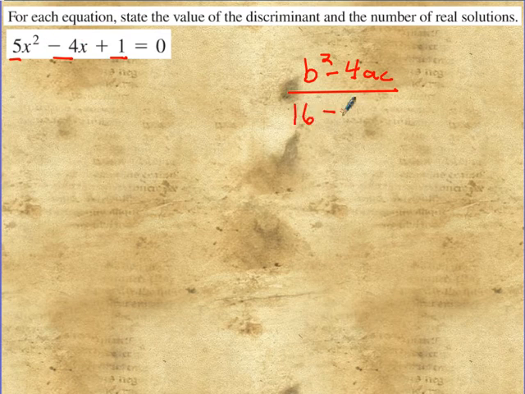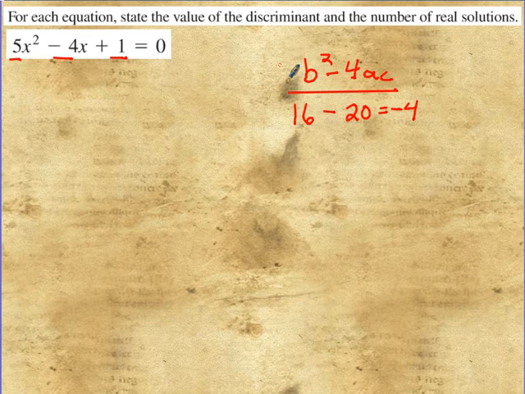And keep in mind, guys, b squared will always be positive. If you get a negative for b squared, it's wrong. If you square a number, it's always positive. And minus, I went ahead and put the minus here that's built in. 4 times a times c. What do you get for 4 times a times c? 20. 16 minus 20, which is a negative 4.